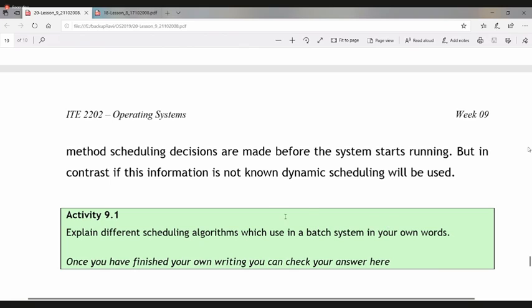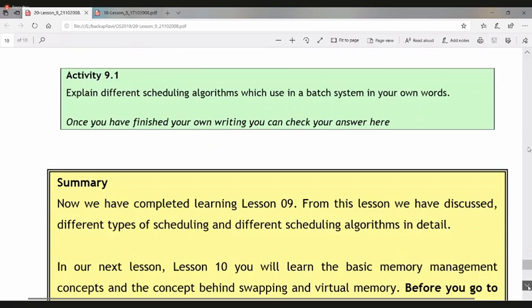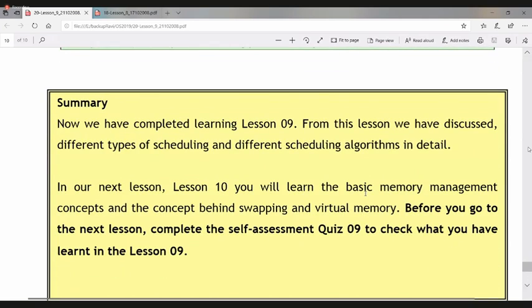So that's it. I have explained many different scheduling algorithms which are used in batch systems. In your words, that's kind of an exercise. Anyway, I know they are a bit difficult to understand all at the same time.